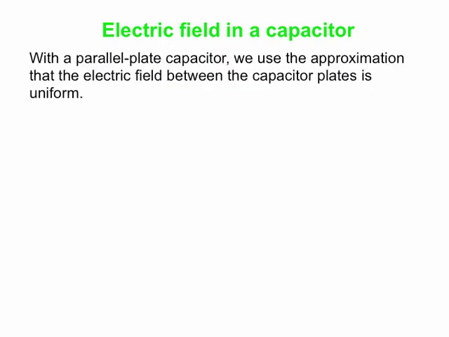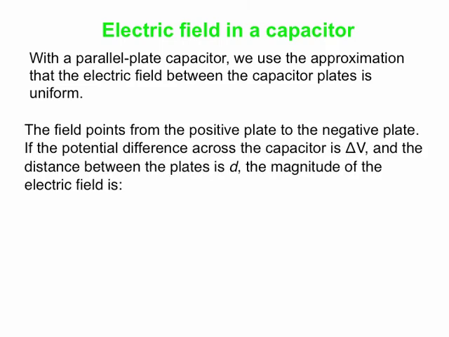And one thing we do is we assume that the electric field between our parallel plates, inside our parallel plate capacitor, is a uniform field. Okay, as long as our plates are pretty big compared to the spacing between them, that's actually not a bad approximation. So the field points across the gap of the capacitor from the positive plate to the negative plate.